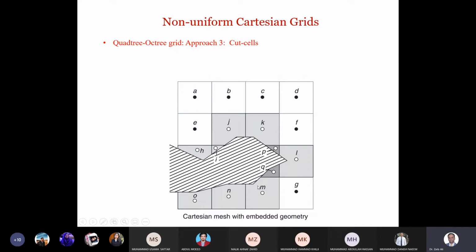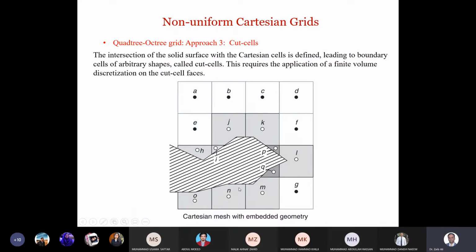So this is a type of cut cell mesh. You can't apply the finite difference method over here; you have to apply the finite volume method. So this is the third approach by which we can treat the presence of the solid surface.